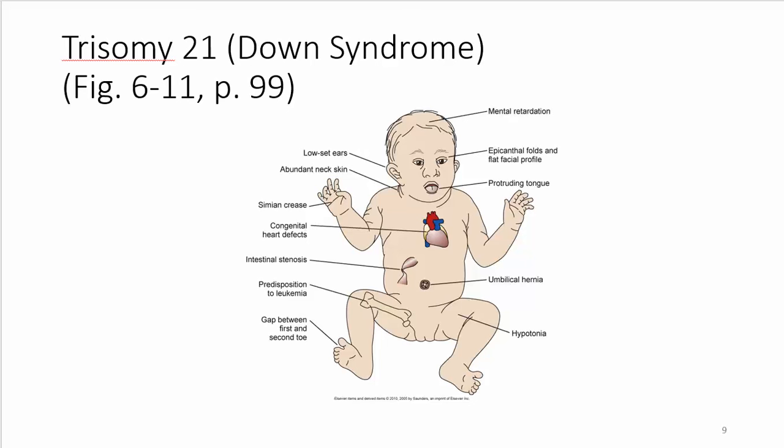I have met quite a few people. There's one patient that comes to mind right now. She has an epicanthic fold, and she has low set ears, and she has a simian crease. But she is normal height and above average intelligence. She's a successful woman.